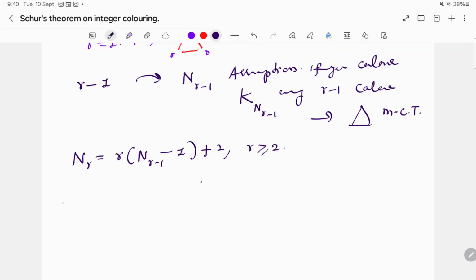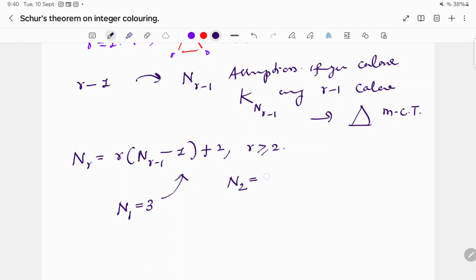Basically what happened is, N_1 we have proved that it is equal to 3, because for R equal to 1, that N_1 is 3. And using that, I can form an equation like this, right? N_R equal to R times N_{R-1} plus 2. That means if you want to find N_3 or N_2, then what happened?